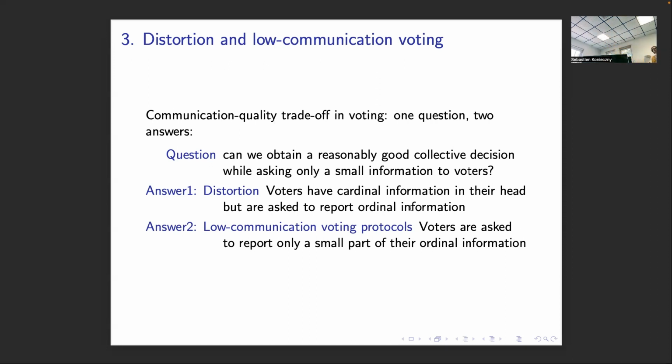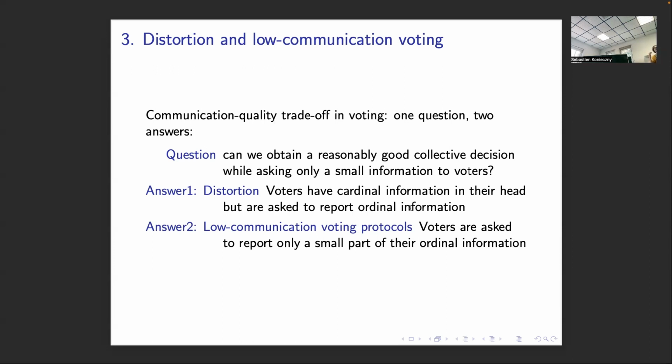Distortion. You've seen these voting rules where you have to report rankings. There are very good reasons for reporting rankings. But still, sometimes voters have numerical values in their heads.